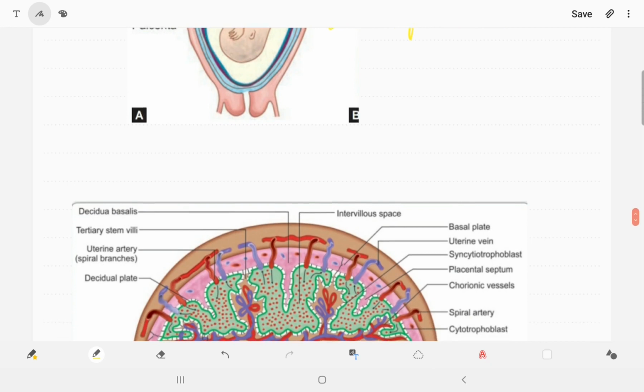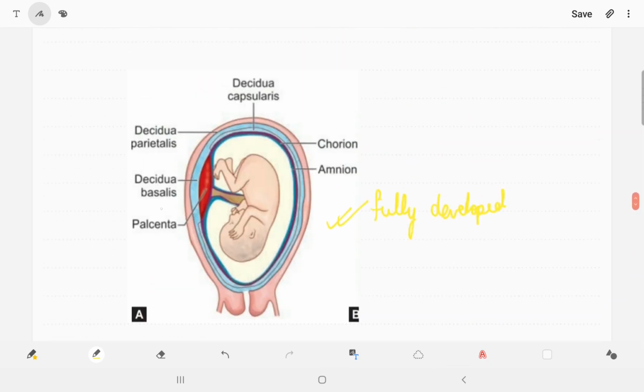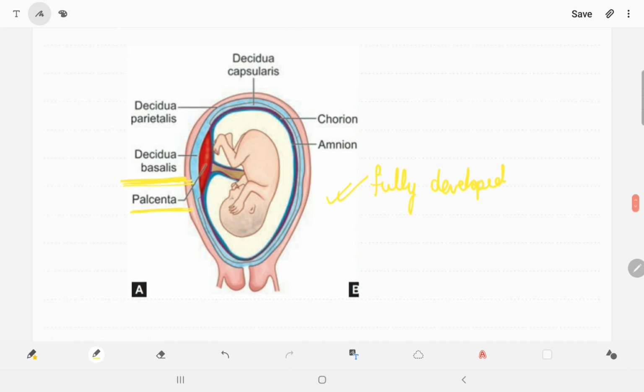Also, this decidua basalis with the placenta, the fetal side of the placenta, is what is known as the chorion frondosum. This portion has those villi which I told you, and the villi in the remaining part will get obliterated. They are of no use to me, right?